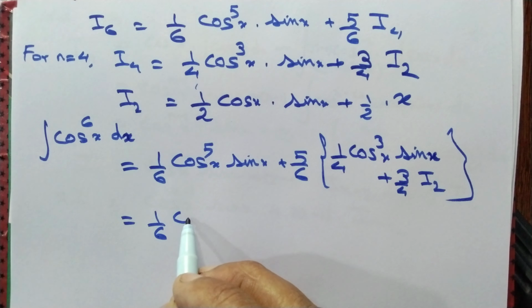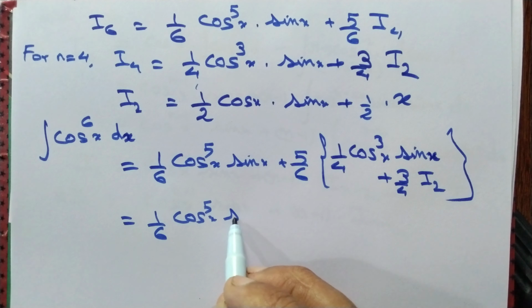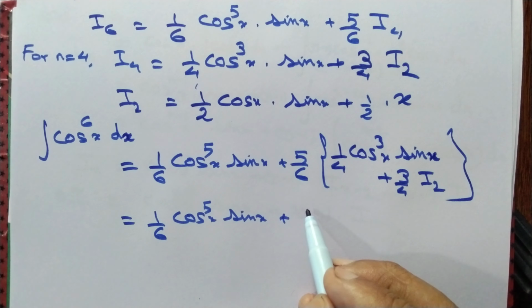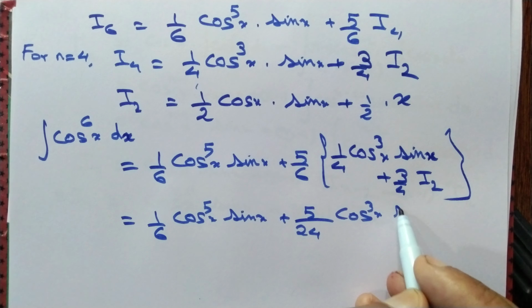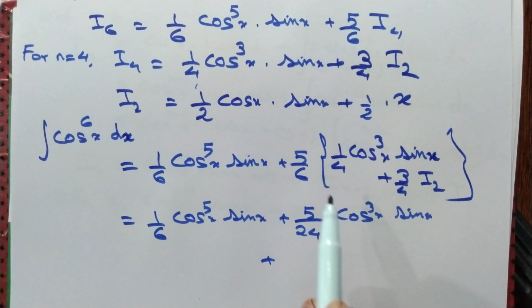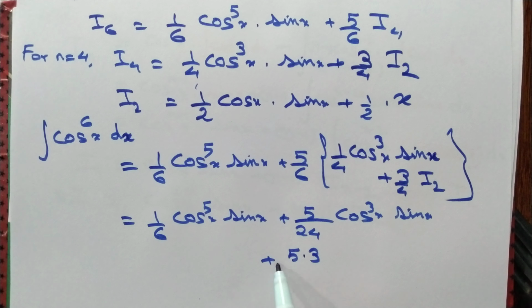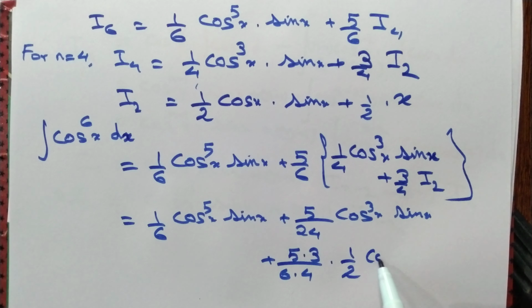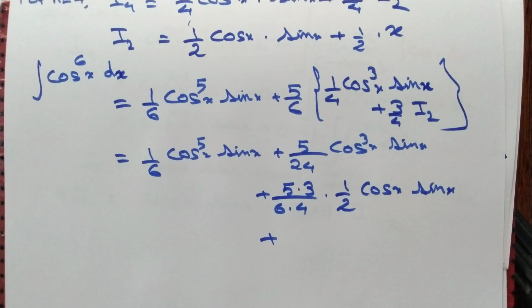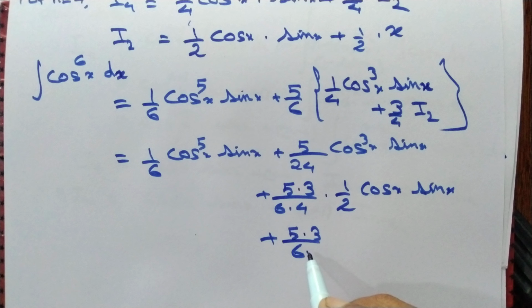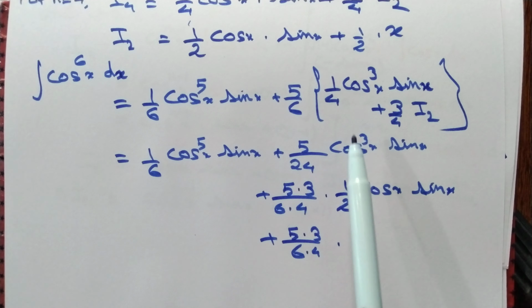That's equal to 1 by 6 cos to the power 5 x times sin x plus 5 by 24 cos cube x sin x plus 5 times 3 by 6 times 4 times I_2. I_2 is again 1 by 2 cos x sin x and then half x.